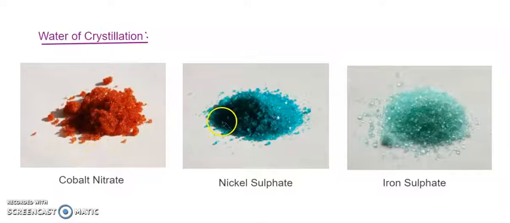That grainy structure is formed only when water molecules are present along with them. Now we need to understand that the water which is present is not going to react with that chemical. It is going to be present in them to give them that distinct color and the distinct strong structure of the crystal, the three-dimensional structure of the crystal.